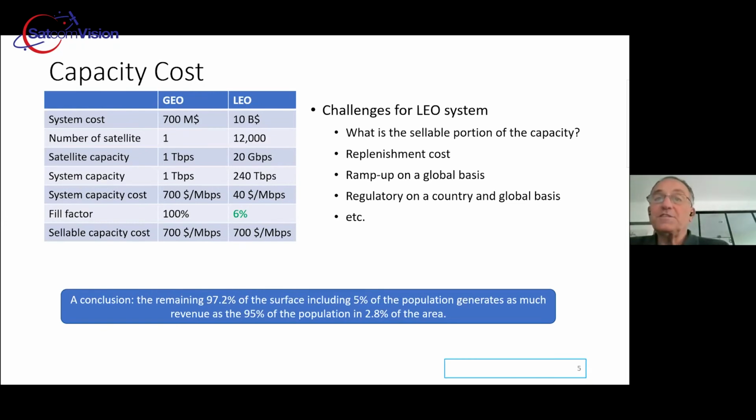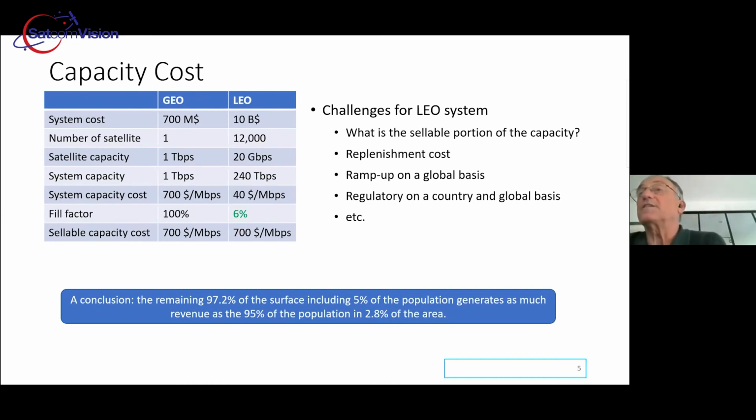A conclusion of this could be that where you have the population, the 2.8% of the area and 95% of the population, and where you don't have the population densities, the two should be more or less of the same order of magnitude in terms of capacity requirements.